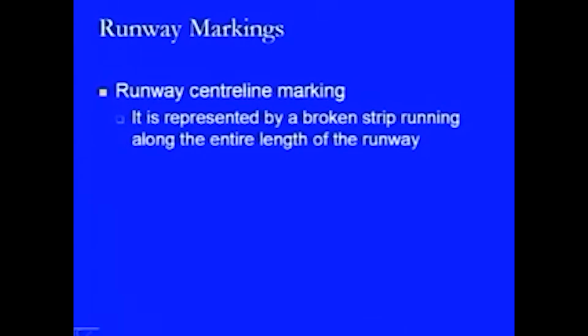Second thing is that it is not a solid continuous line, whereas it is a broken strip. As we have seen in the case of the segmented circle, here it will be a straight line profile, but then again there will be a certain length for which the center line marking will be provided, and then there will be a gap between the two center line markings in this form.